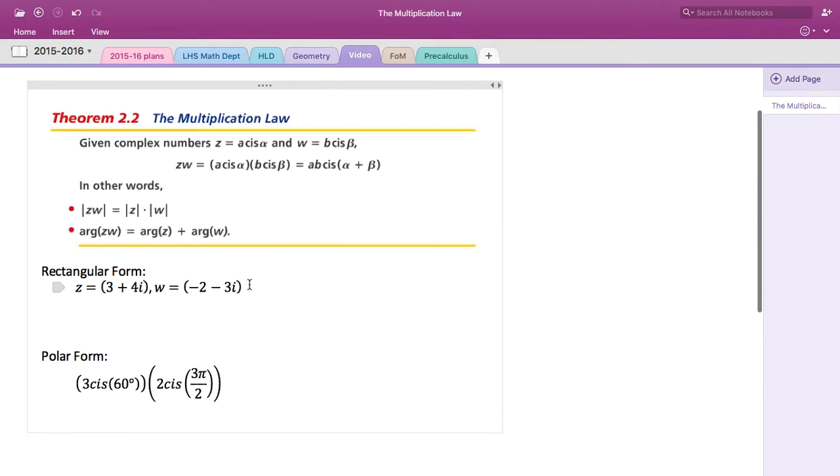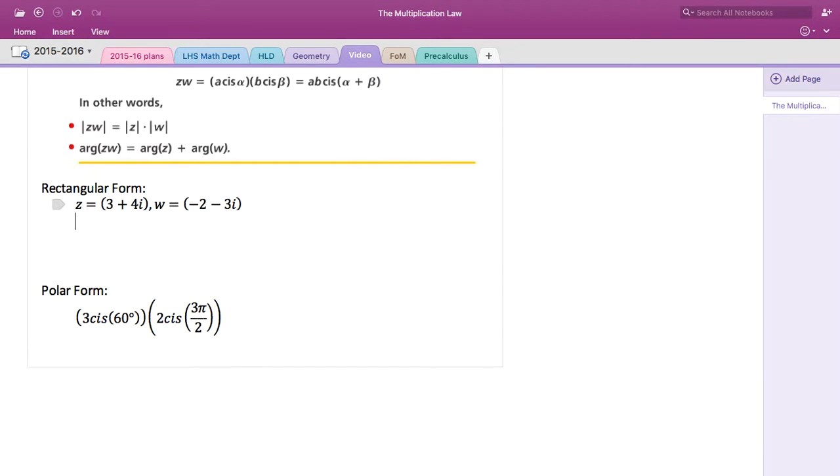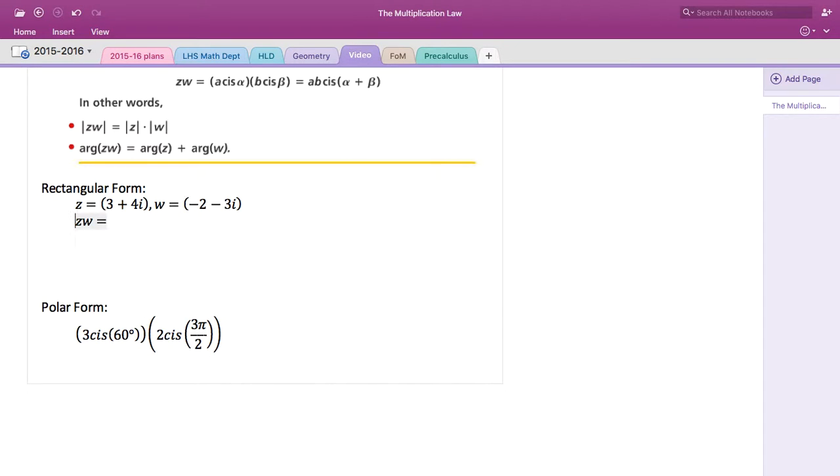But before we actually look into the polar form, let's look at the rectangular form. Let z be 3 plus 4i, and w be negative 2 minus 3i. So zw will be this 3 plus 4i times this negative 2 minus 3i.